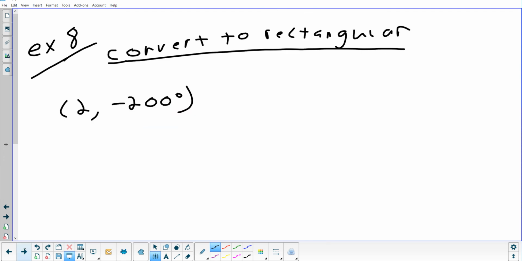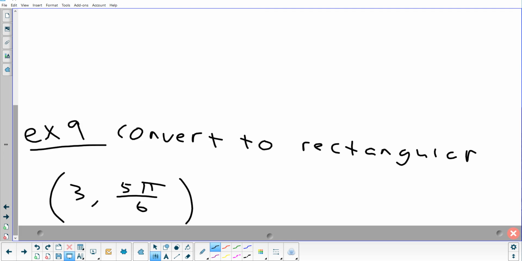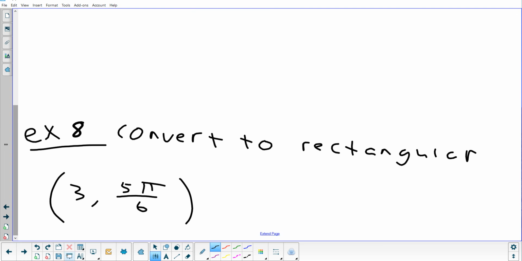So let's try this one. You know what? Let's do this one first. We'll do this as example 8, and then I'll do the one above it as example 9. What's going to be the formula for my x value? 3 cosine 5 pi over 6.